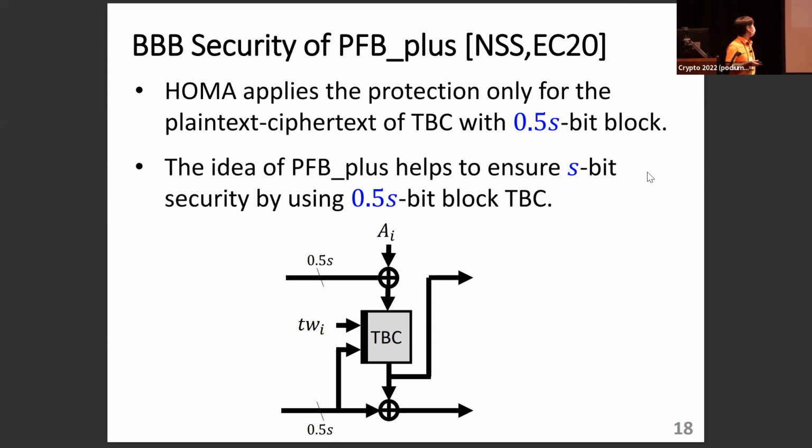That means the construction requires beyond-birthday-bound security, BBB security. There is one previous work which achieved a similar security level, called PFP+. The idea of PFP+ may help us to ensure S-bit security by using a small block size TBC. The diagram of PFP+ is here.